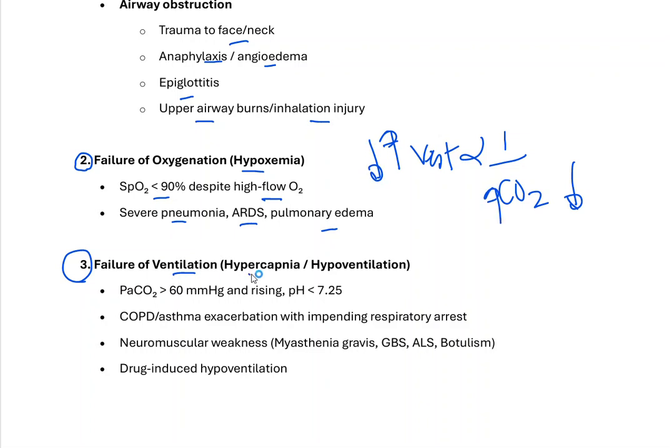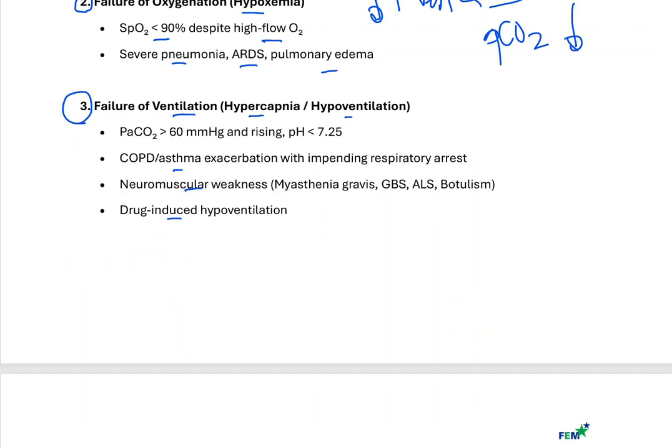So failure to ventilate is in the setting of hypercapnia or hypoventilation, which could happen in COPD, asthma exacerbation with impending respiratory failure. It could also happen with neuromuscular disease or drug-induced hypoventilation, drugs like opioids or benzodiazepines.